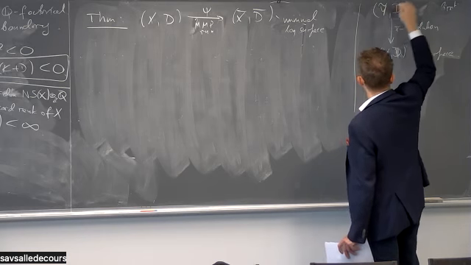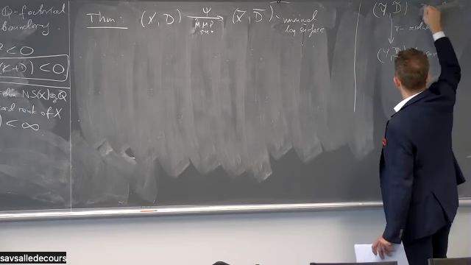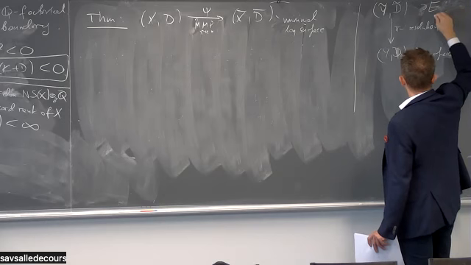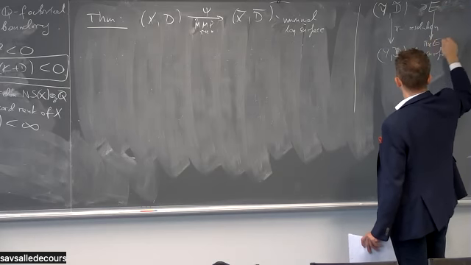You can take the total reduced transform if you wish. There might be some curve E here, such that pi star of E is a point.